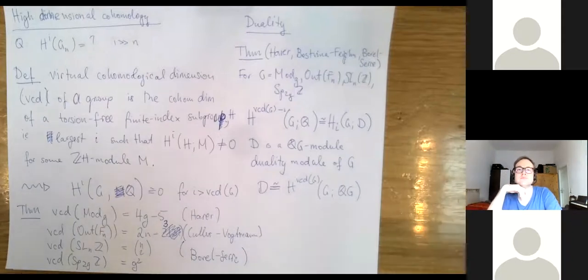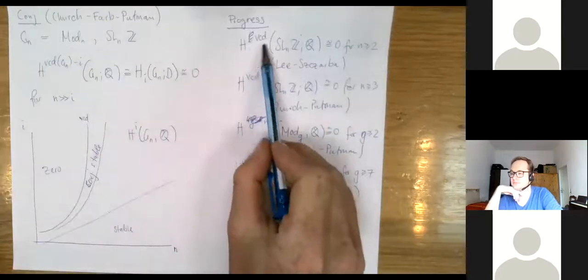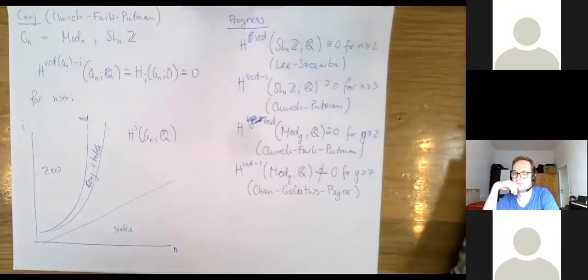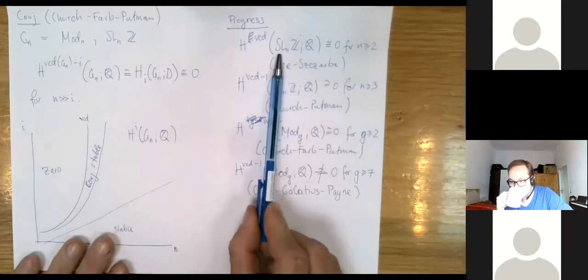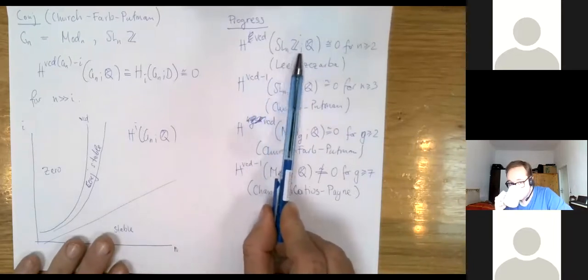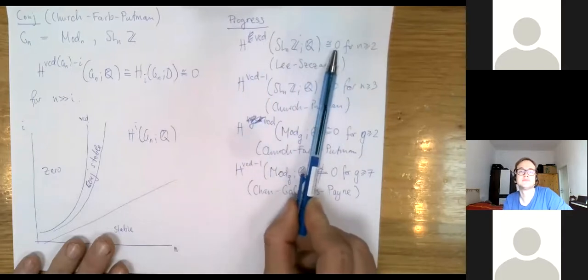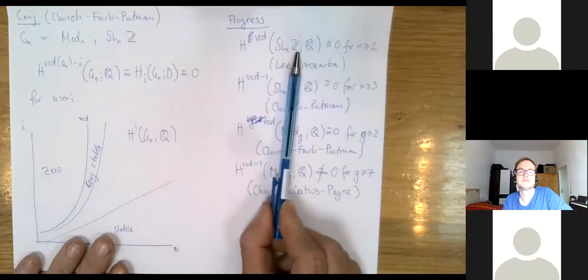So, for example, for SL_n(Z), in the virtual cohomological dimension, the cohomology is 0. But for some congruence subgroups, this is actually not 0 and growing.